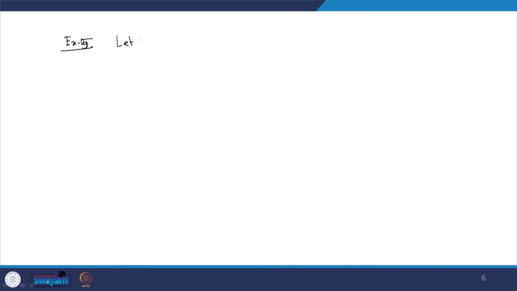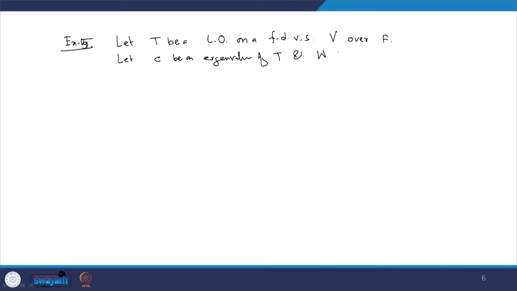Let T be a linear operator on a finite dimensional vector space V over the field capital F. Let C be an eigenvalue of T and W be the corresponding eigenspace.